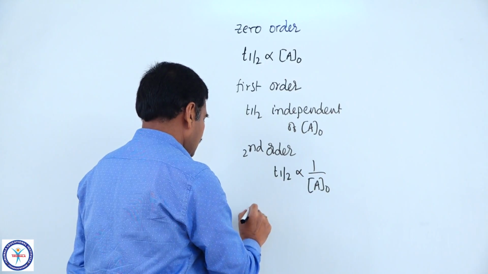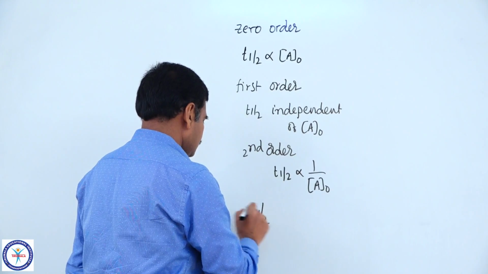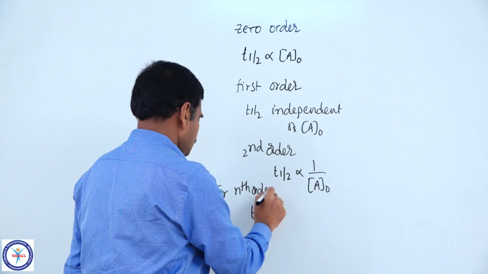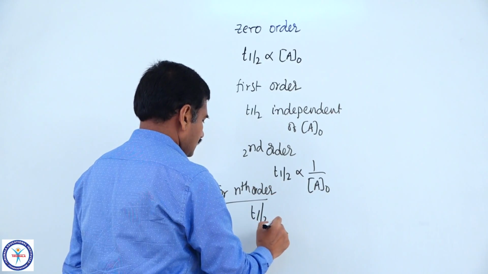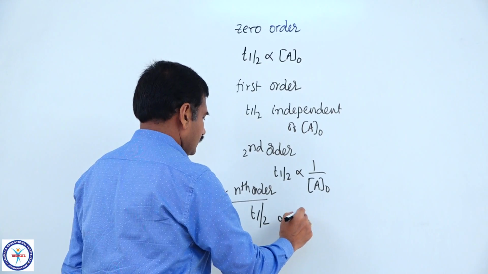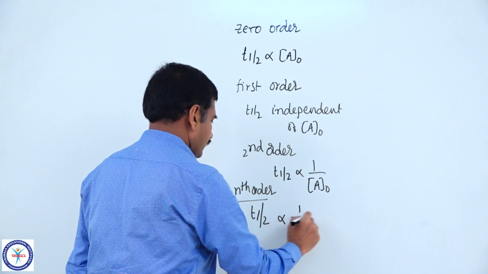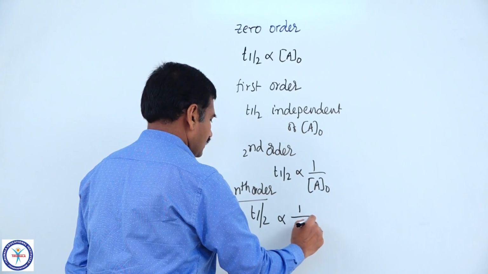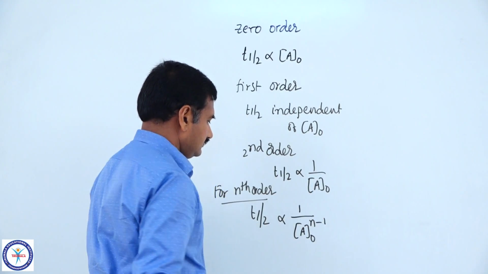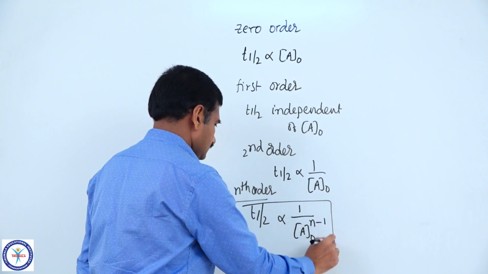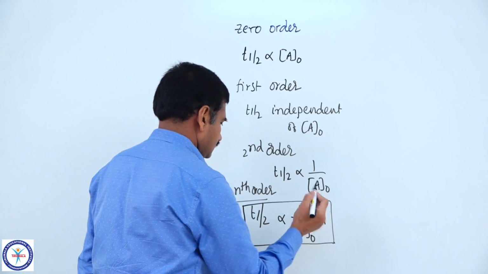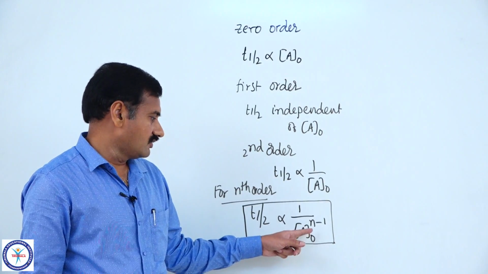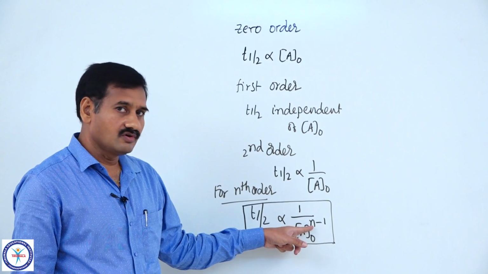In general, T half of nth order reaction is proportional to 1 by initial concentration of reactant to the power of n minus 1. If order is equal to 0, you have to substitute n equal to 0.